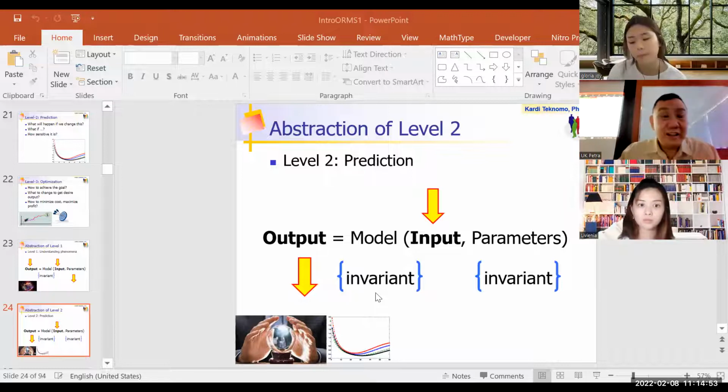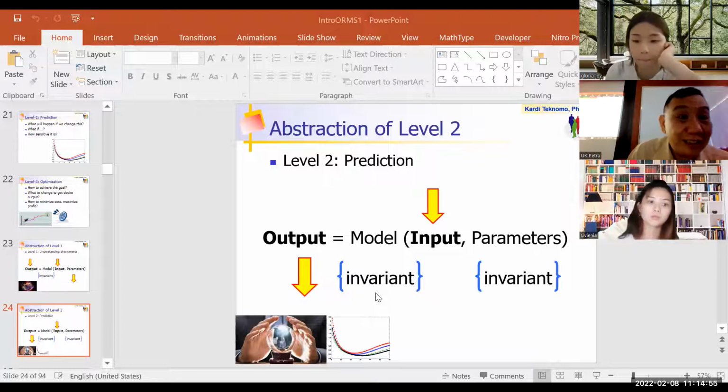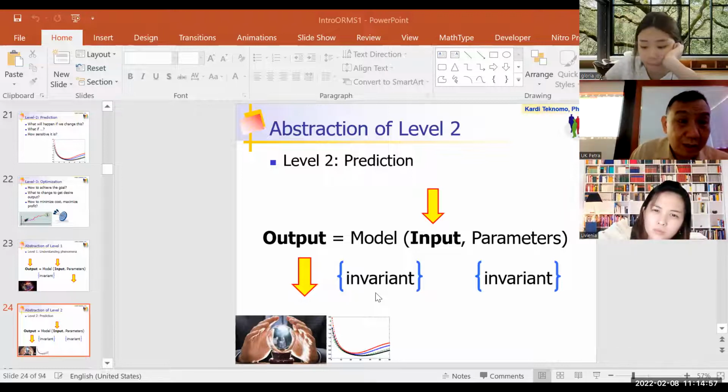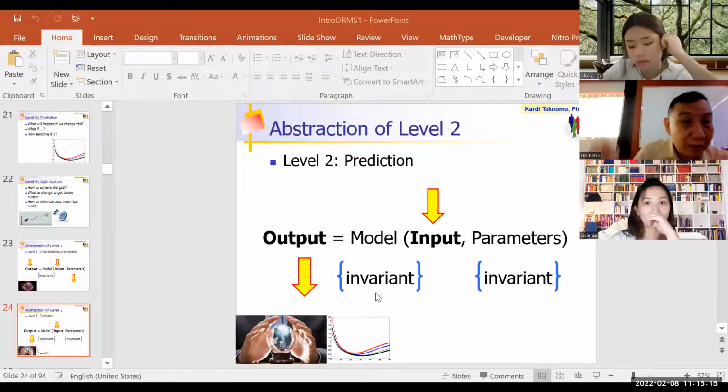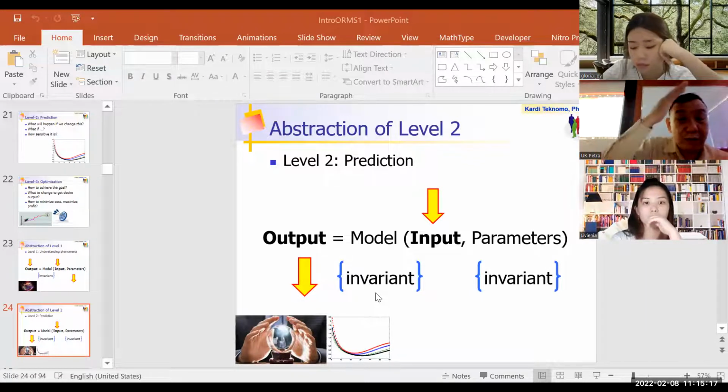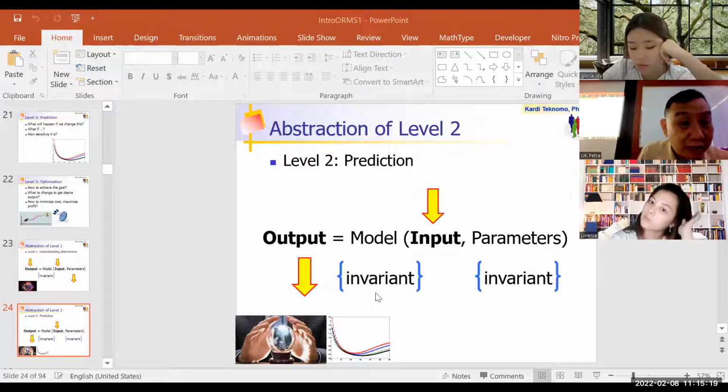Why is invariance very important? Because this is the assumption. You cannot make prediction if you don't make this invariant. What is the meaning of this invariant of the parameter? That means the past predicts the future. The previous data predict the next data.